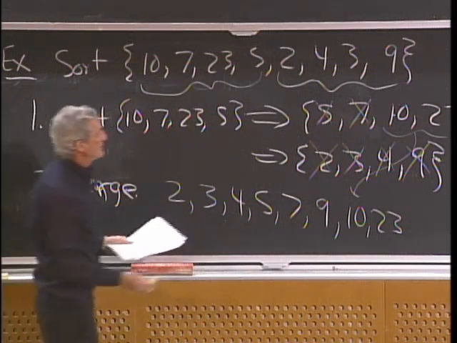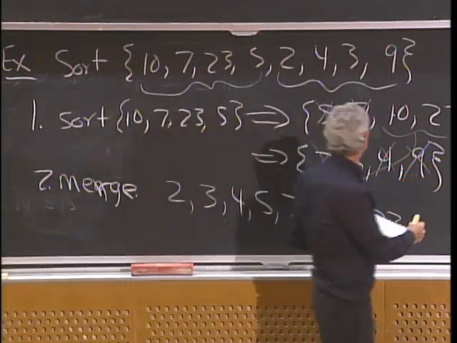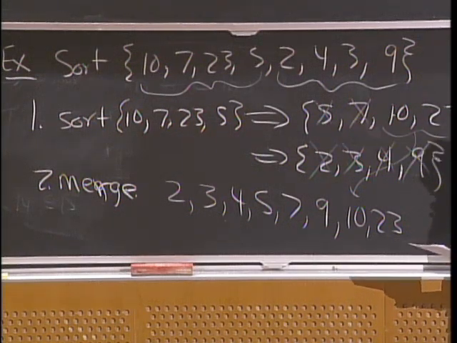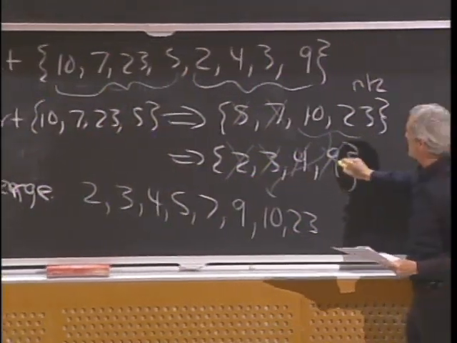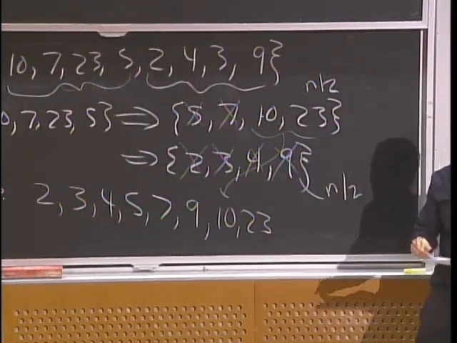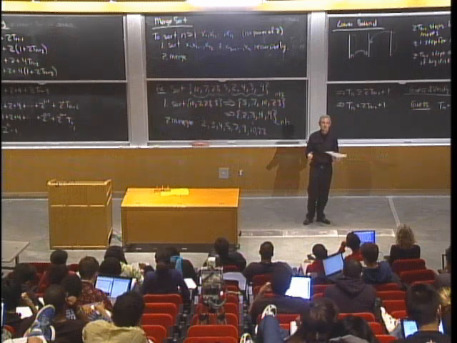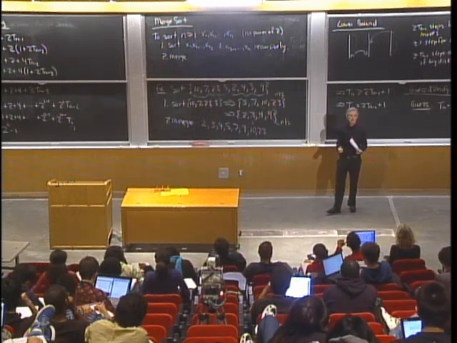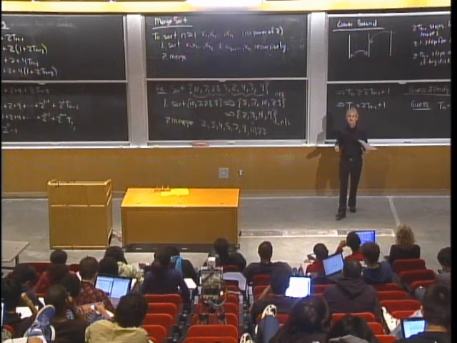Now, how many comparisons do I have to do in the worst case if this is n over 2 items here and this is n over 2 here? How many comparisons do I have to do to produce the n item sorted list after I have the sublists sorted? What is it?